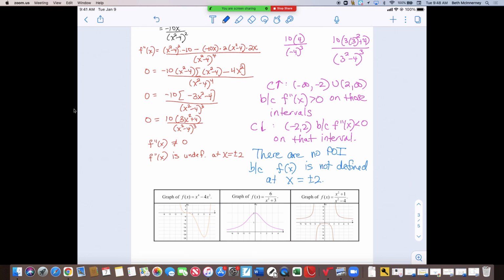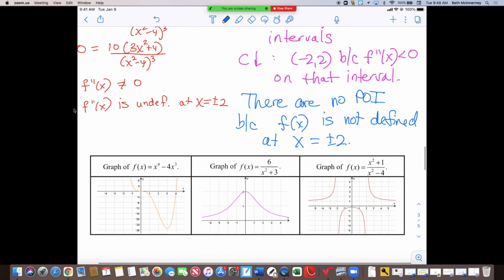And if you're a little bit confused about it, do you remember what I mentioned? If you could draw little tangent lines, when it's concave up, the little tangent lines are underneath your graph. And when it's concave down, the little tangent lines are above it.